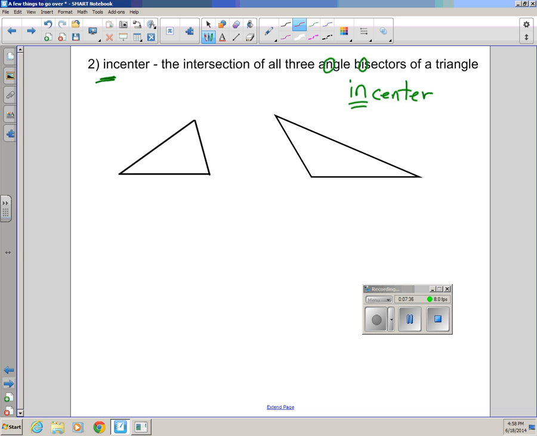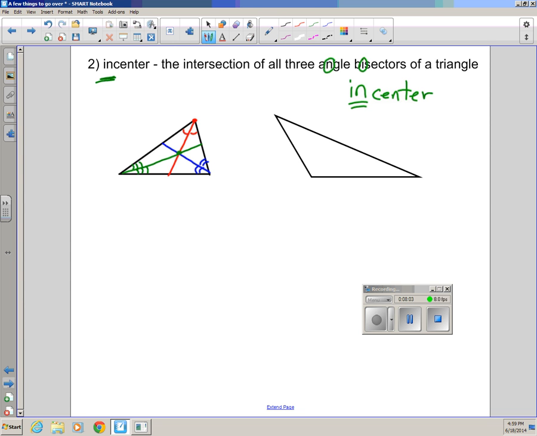So if I try to draw an angle bisector, I'm going to try to draw this one from here. I want to draw it so that these angles are equal. And I'm going to try to draw this one so that the angles here are equal. If I look at this intersection point and go backwards from it, I'll notice that these angles are actually equal.